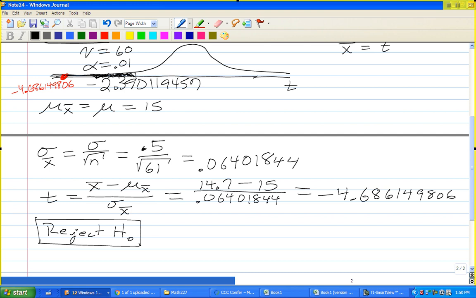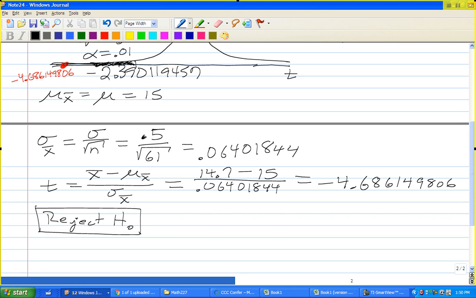We only restate the conclusion in non-technical, simple words if there is some story that came along with this test, some story that I could write about to give this conclusion in nice, simple words that convey what I want to say about the conclusion of the hypothesis test. But in this case, we have no words. So you just say reject or do not reject the null hypothesis. Let me do another example.